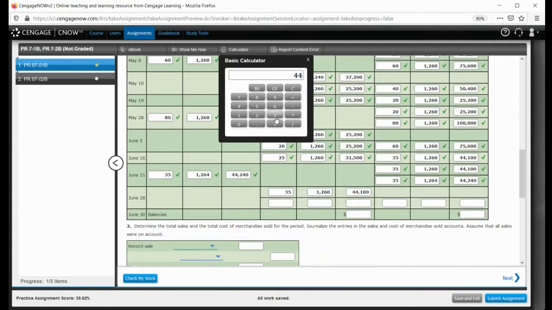We accounted for 35 units. What I have left is 9 units that I have to draw from the 1264 cost. And then I'm going to multiply 9 times 1264. And that's going to give me 11,376.